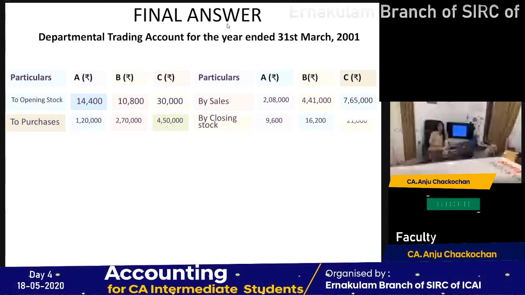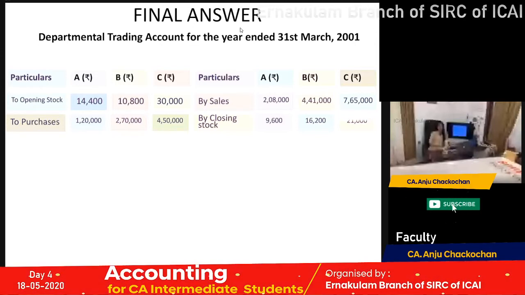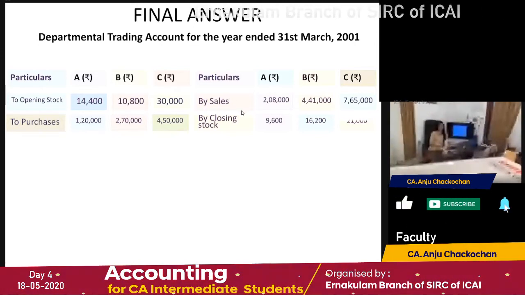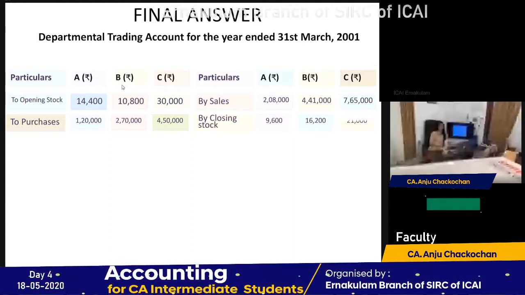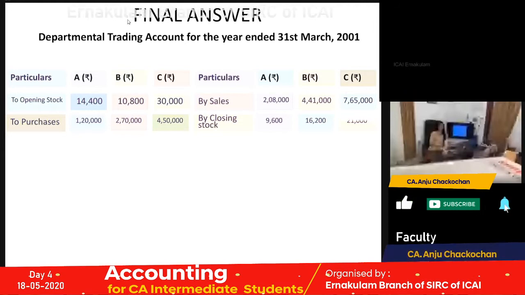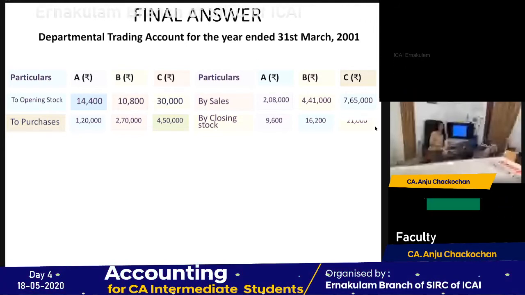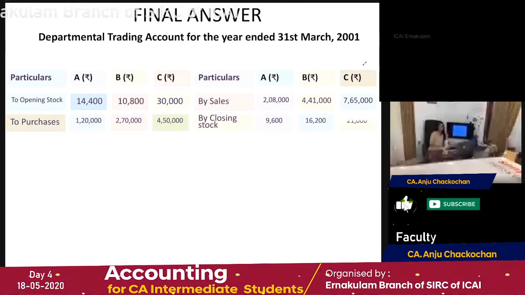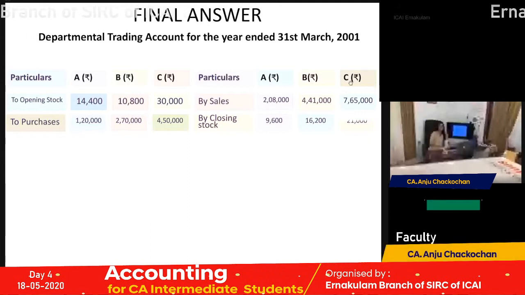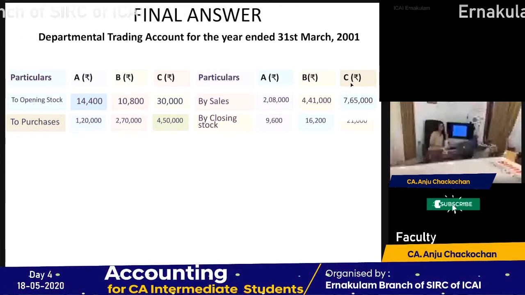Even Harshita got the same answer. She seconded. Even Varun got the same answer. Others? Okay, Thomas, same. See, once all other figures are given, it's very easy for you to use your calculators and come up with the answer, right?